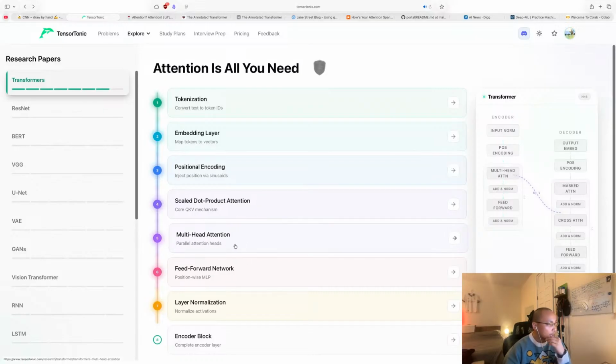And then there's multi-head attention, where instead of having one big block of attention, you split it into different small attention heads, which can learn different things, and then compile them together.